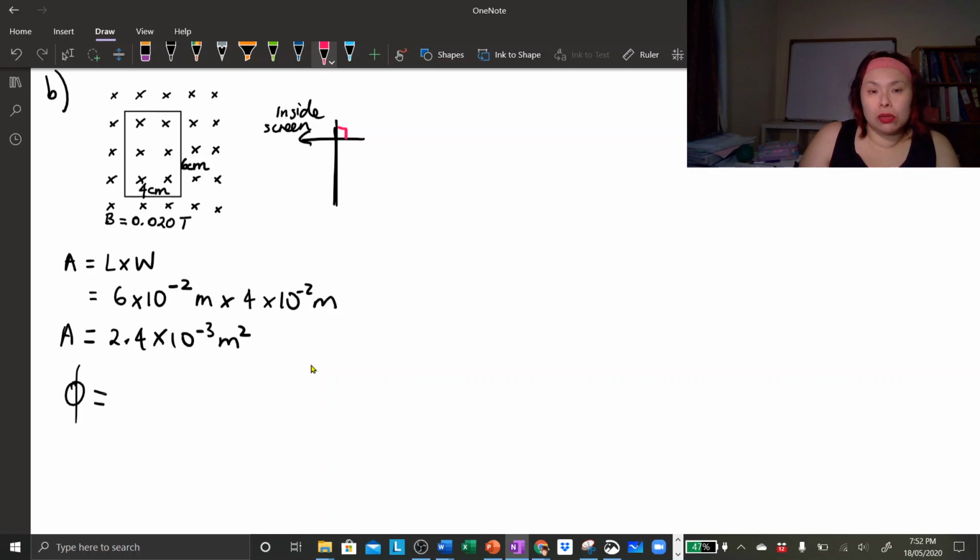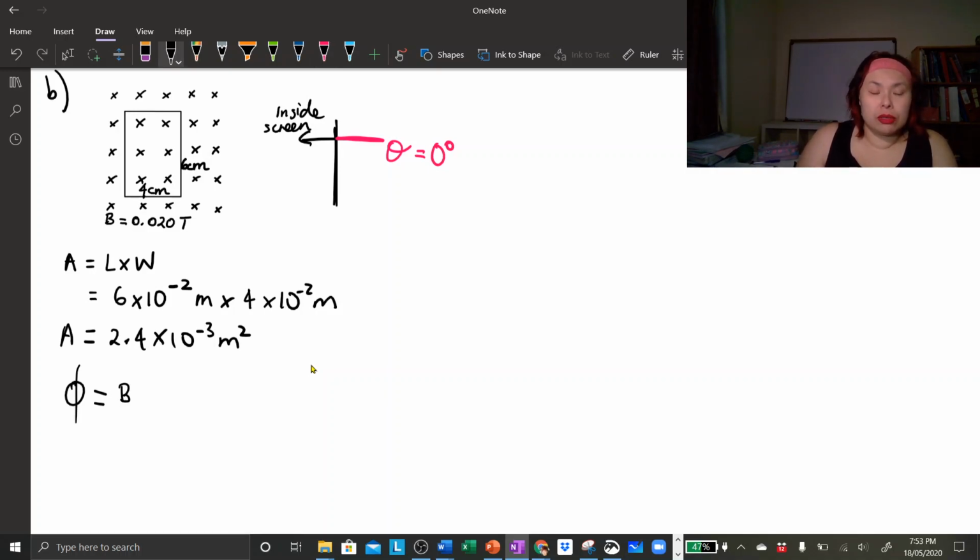Or if we look at the normal to the area, so the normal to the area is like this, and we can see that the magnetic field and the normal to the area are parallel, so they're 0 degrees. Here's the angle.